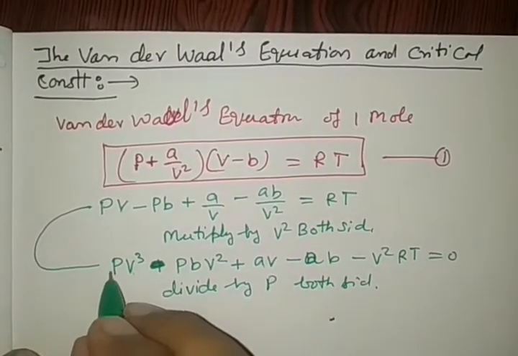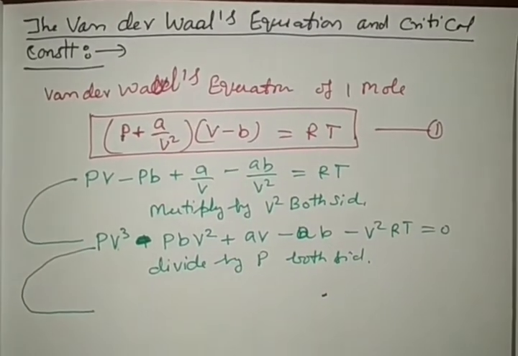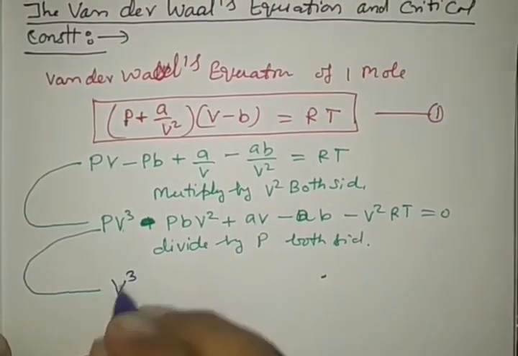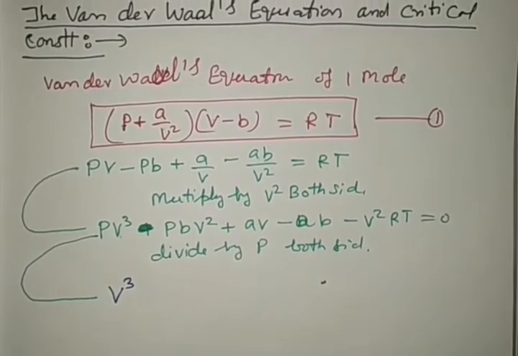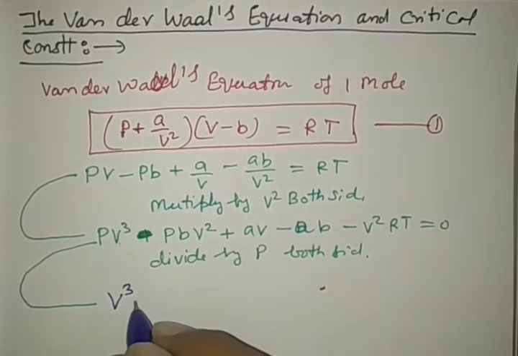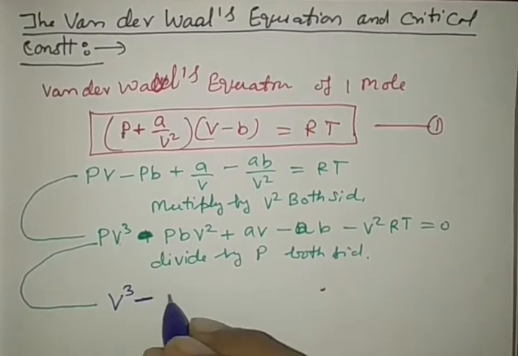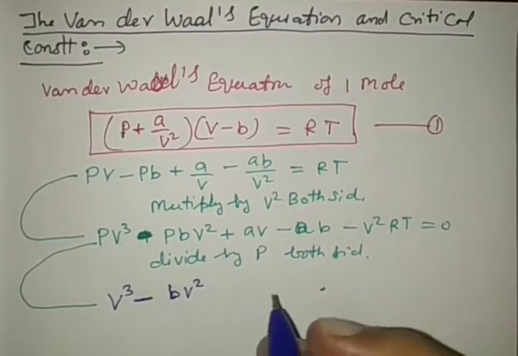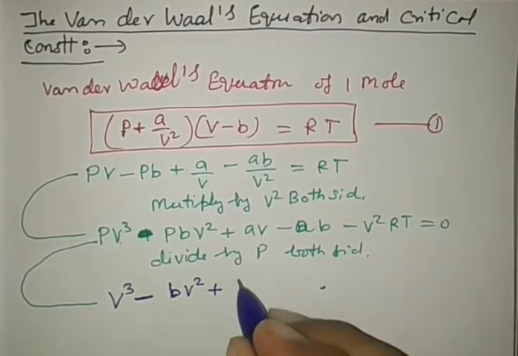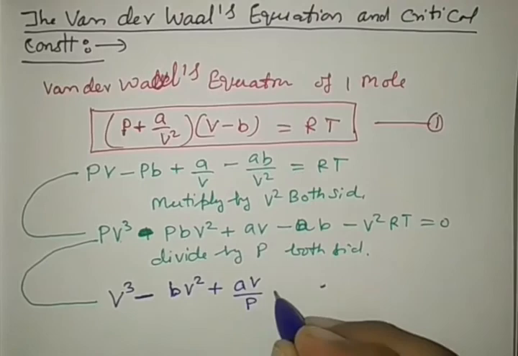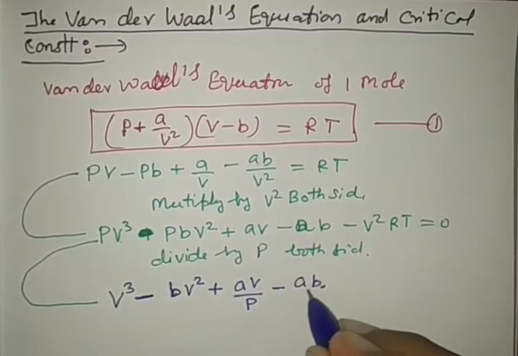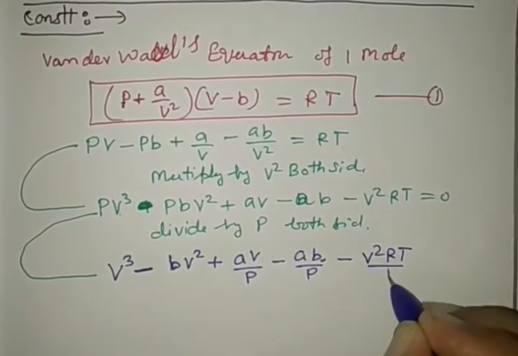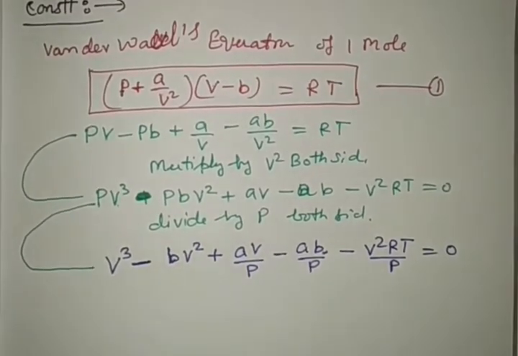So this equation can be written as V³ minus bV², the pressure reduced, plus aV/P minus ab/P minus V²RT/P is equal to 0.